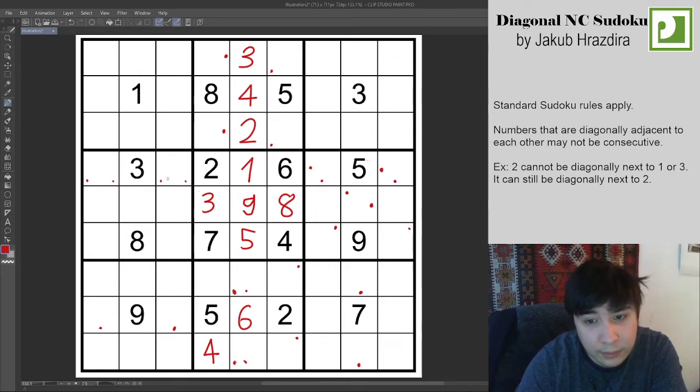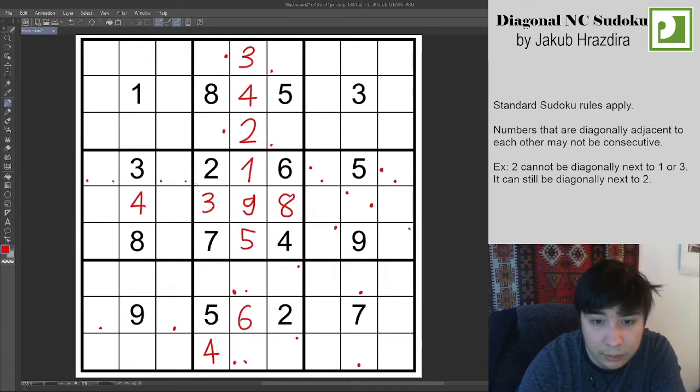We have, because of the pencil marks on the right and this 4 at the bottom, it pushes the 4 into the center, and then it can't be diagonally adjacent to the 3, so this is 4. The 2 can also not be in the top row because of the 2.